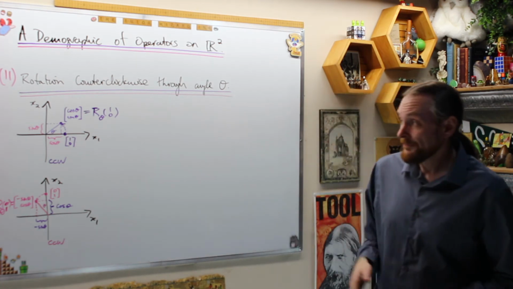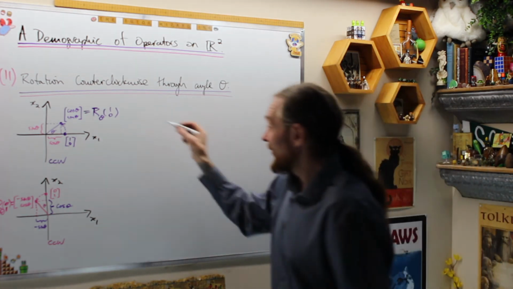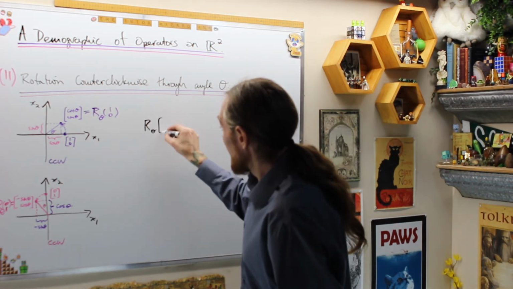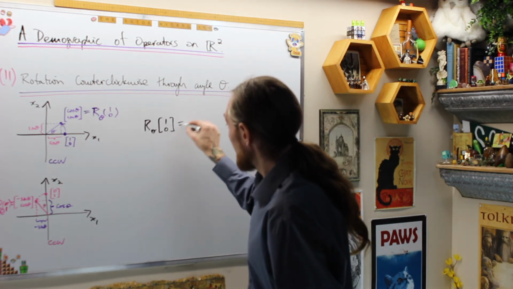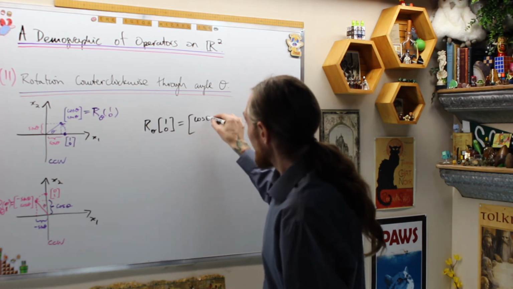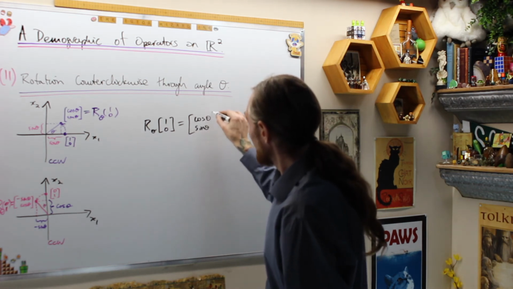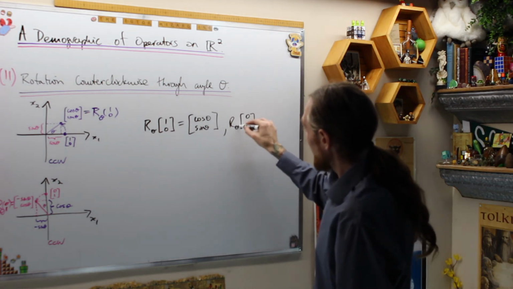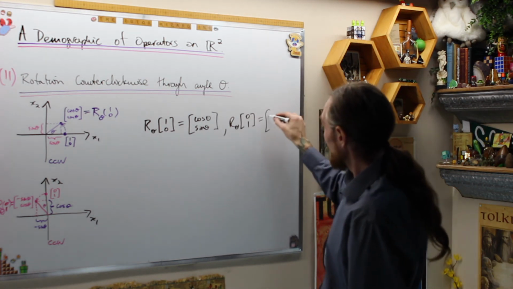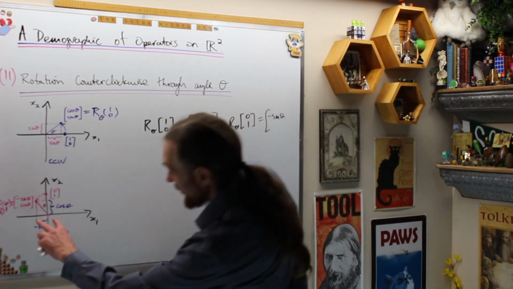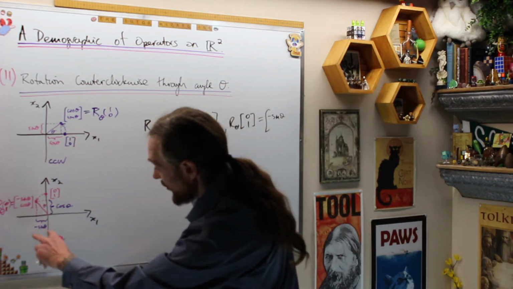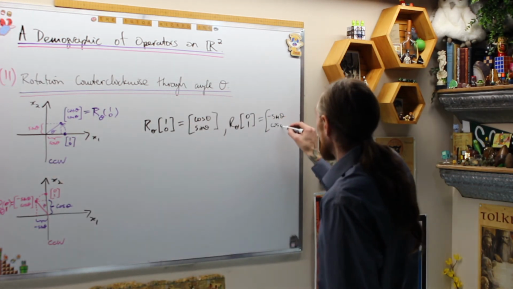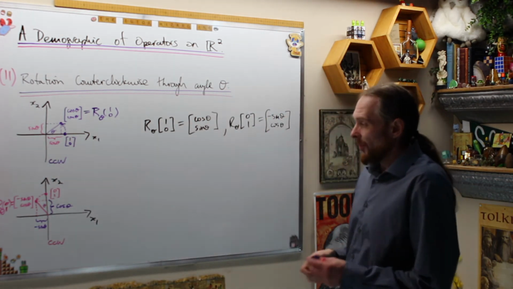Where do those go? When I look at those images, what I find is that R theta of 1, 0 is equal to the vector cos theta, sine theta, and R theta of 0, 1, the other vector, is going to be negative sine theta. I find using geometry, this is in the second quadrant, so negative sine theta, and then cos theta again. And what does that give us?